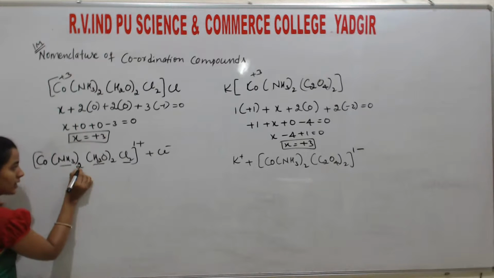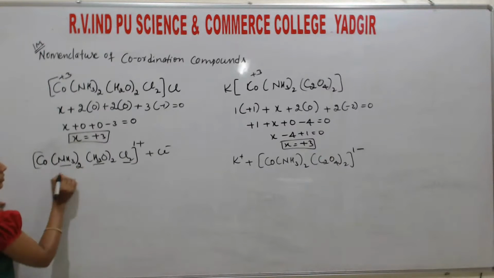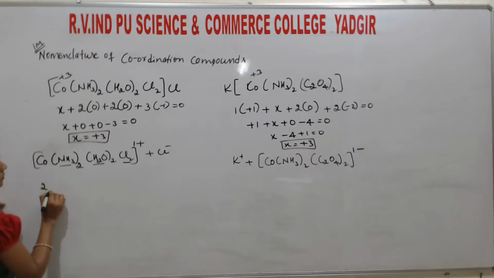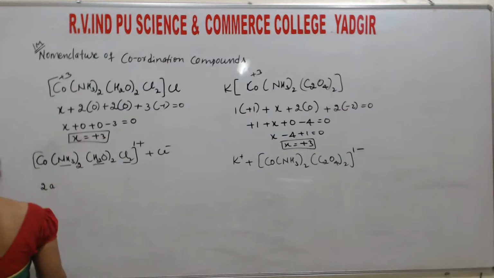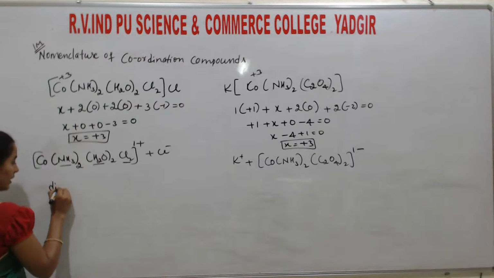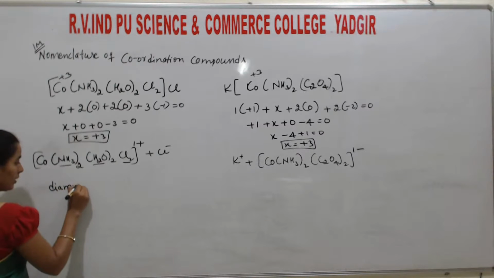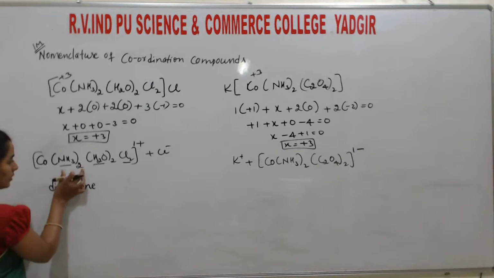So how many times is there? 2 times is there. So 2, not 2, sorry, this is diamine, correct?